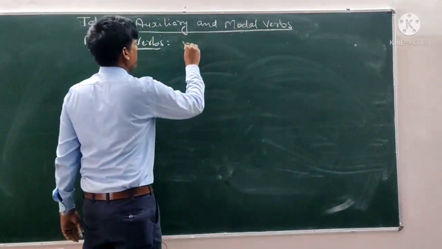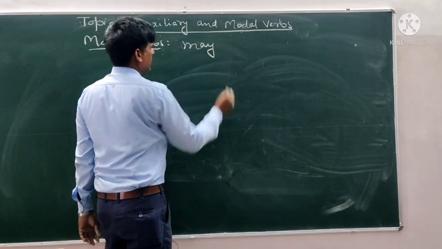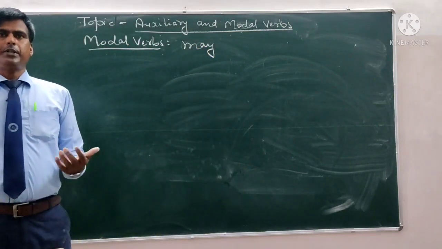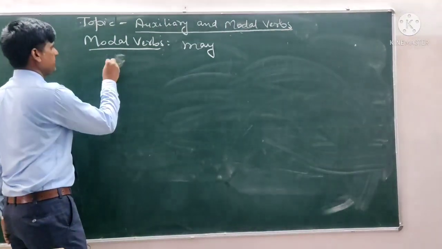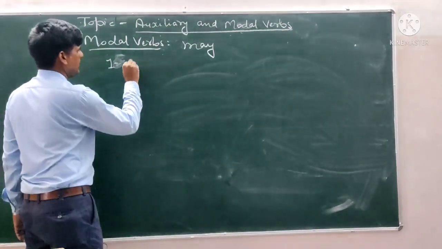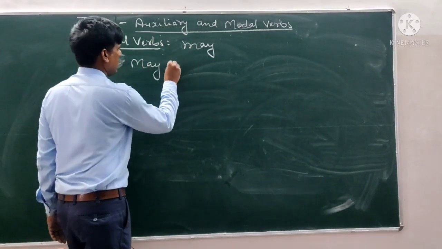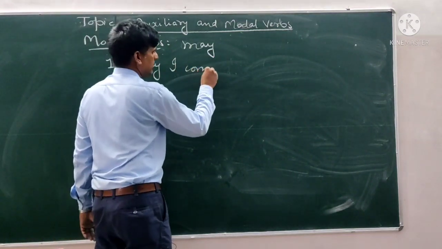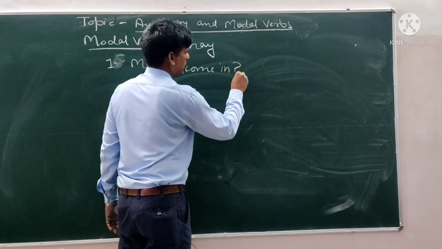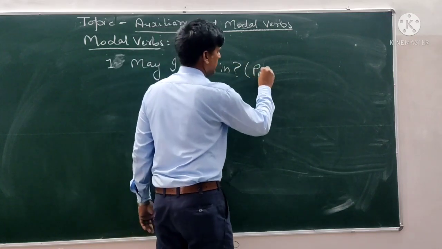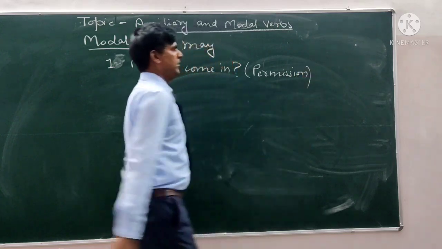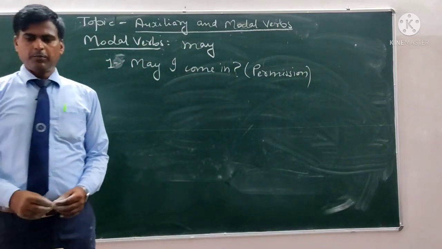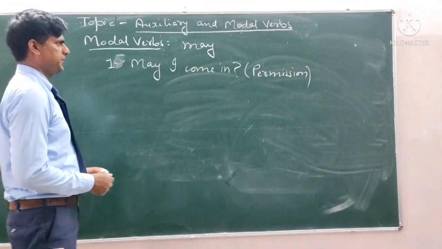Now let us see may. We use may for permission, as you have used it many times. For example, may I come in? We can use it for asking permission. We can also use may for possibility.